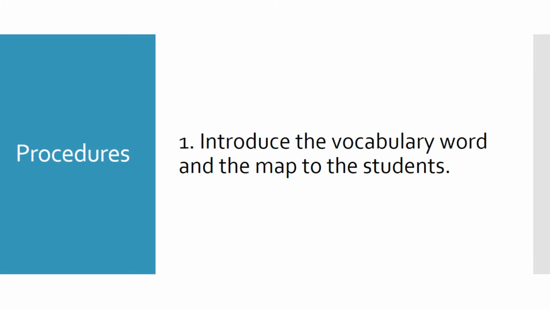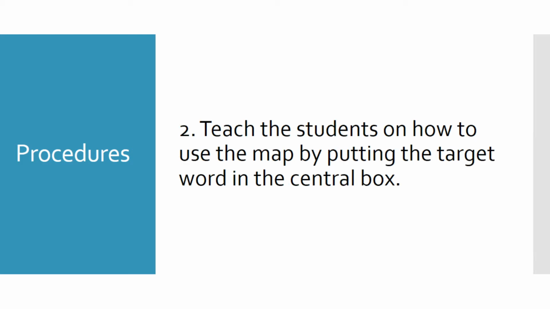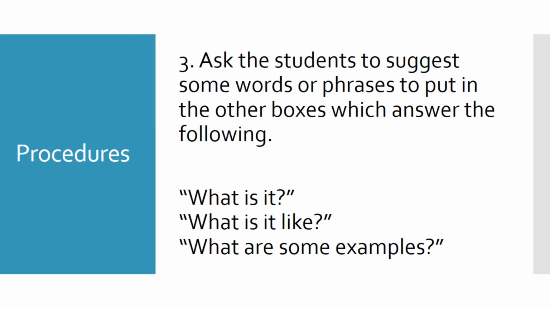Here are the procedures for this strategy. Number 1. Introduce the vocabulary word and the map to the students. Number 2. Teach the students how to use the map by using the target word in the central box. Number 3. Ask the students to suggest some words or phrases to put in the other boxes, which answer the following.